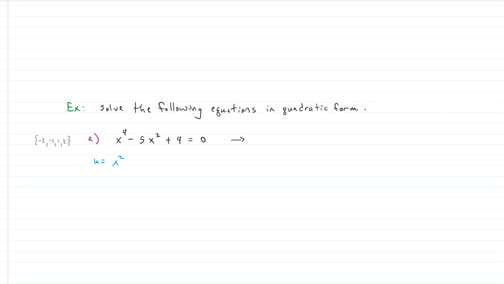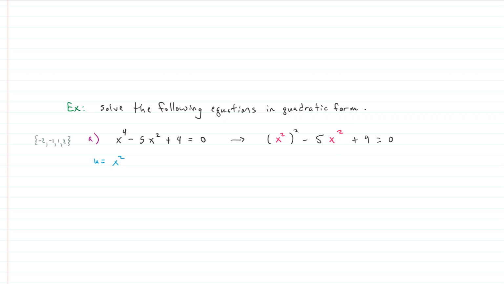So we have x to the fourth minus 5x squared plus 4 equals 0. We have a couple of x squareds here, which I just highlighted in red.